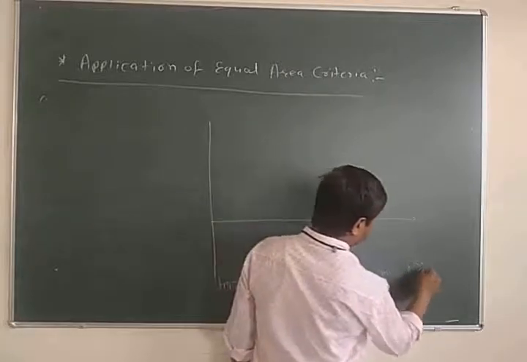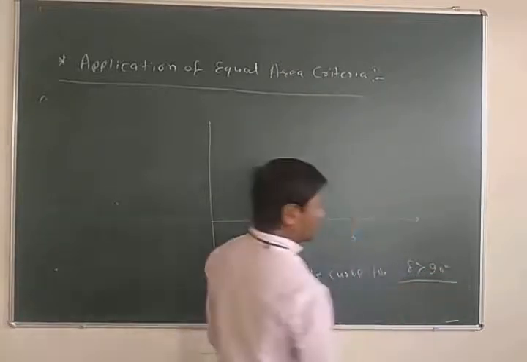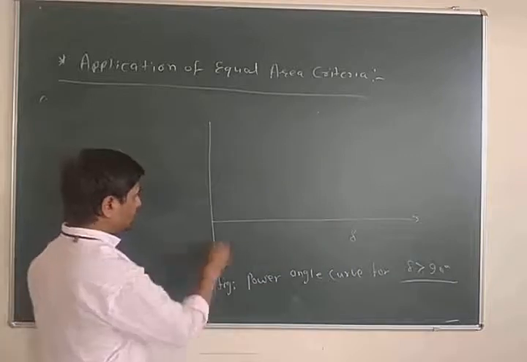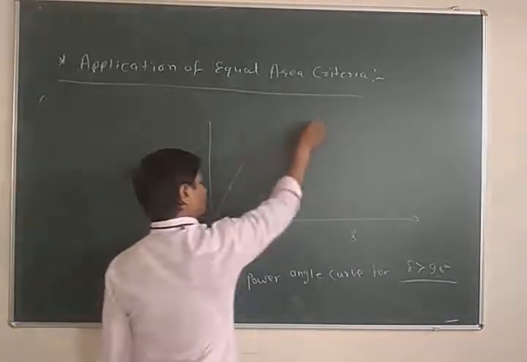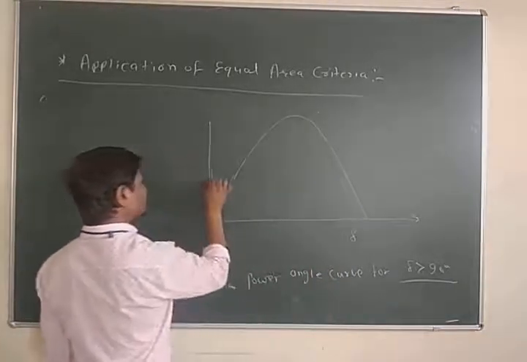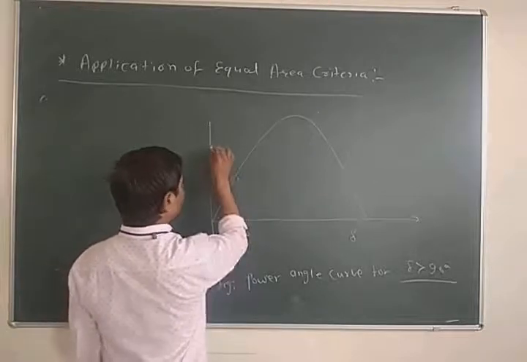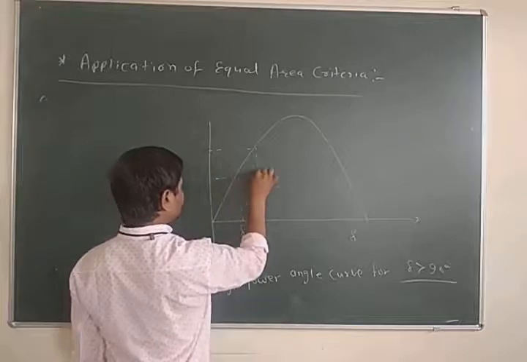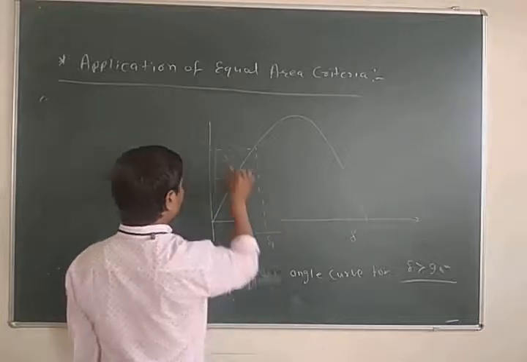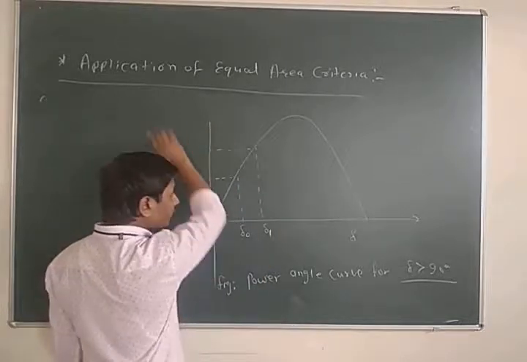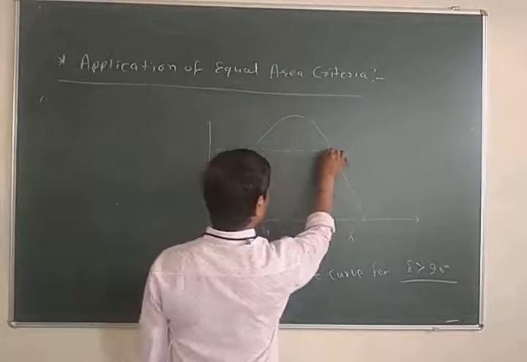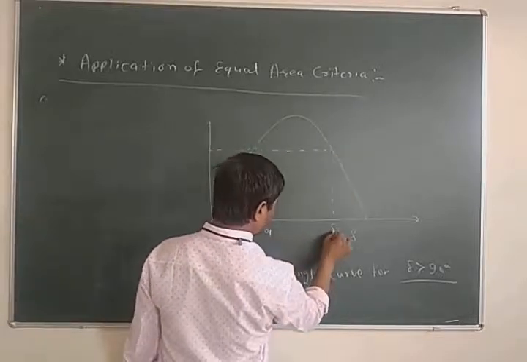For delta greater than 90 degrees, the power angle curve becomes, if this is del 0 and this is delta 1, so where does delta 2 become? It becomes delta 2.